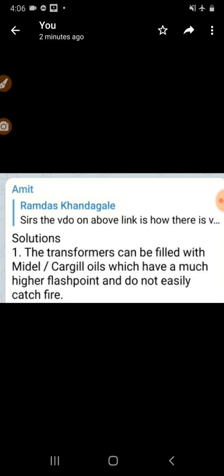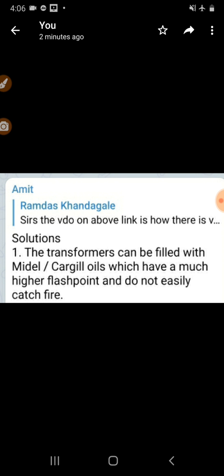This oil is simply suggested to arrest the fires, but there is a doubt in my mind. An electrical spark has a very high temperature. Whether that high temperature will not be able to set fire to these Midel and Cargill oils.